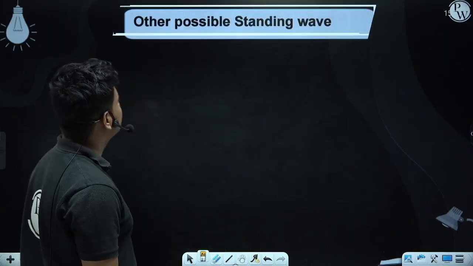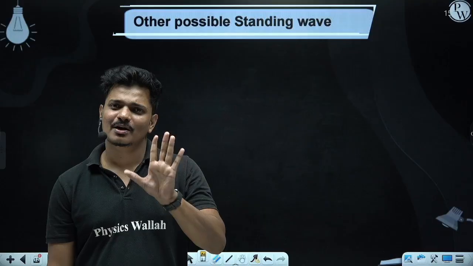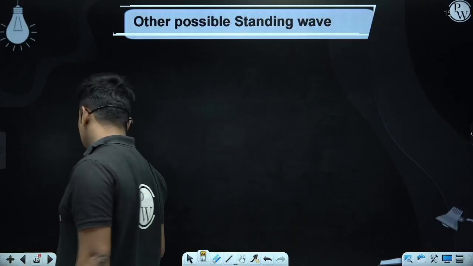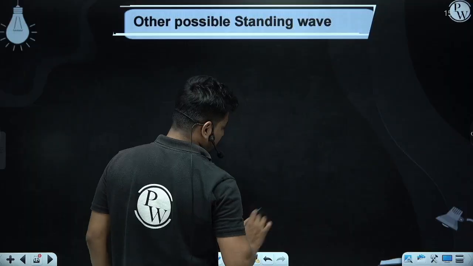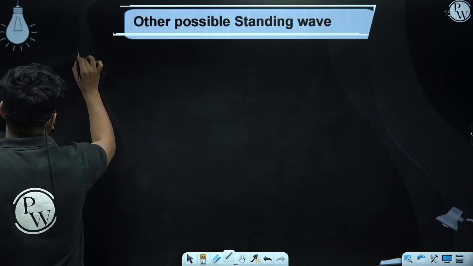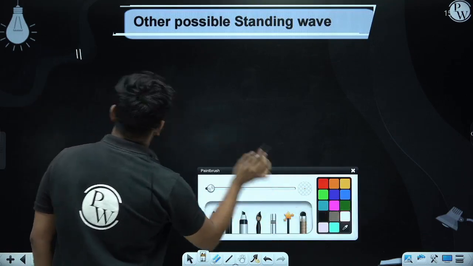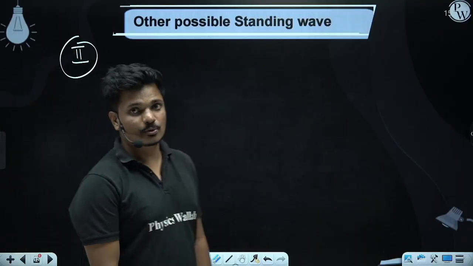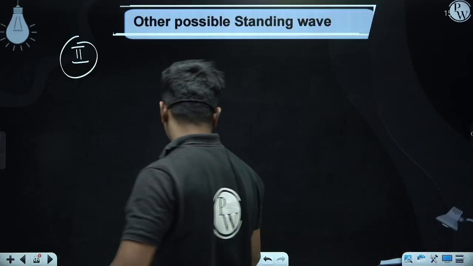Okay, so I'm going to check: is only one wave possible? No, we can check. I have introduced one wave, and now I am going to check other possibilities. So the second possibility, that means the other possible standing wave.